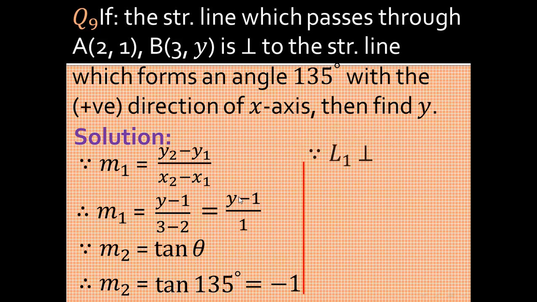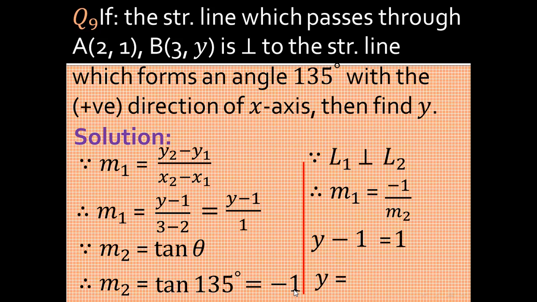Since the first straight line is perpendicular to the second straight line, that means m1 equals -1 over m2, or the product of the two slopes equals -1. So m1 equals (y minus 1) over 1, or we can write y minus 1 equals -1 over m2, which is -1 over -1, which equals 1.